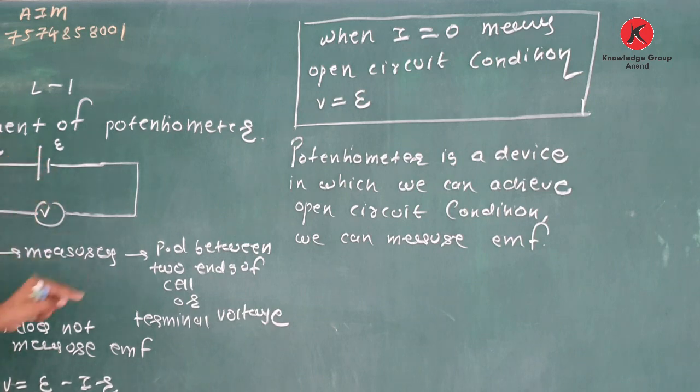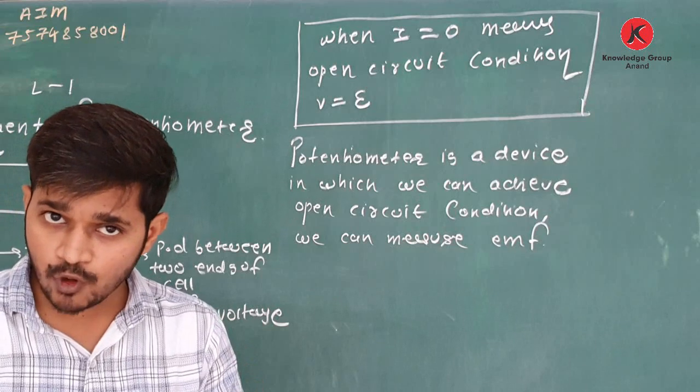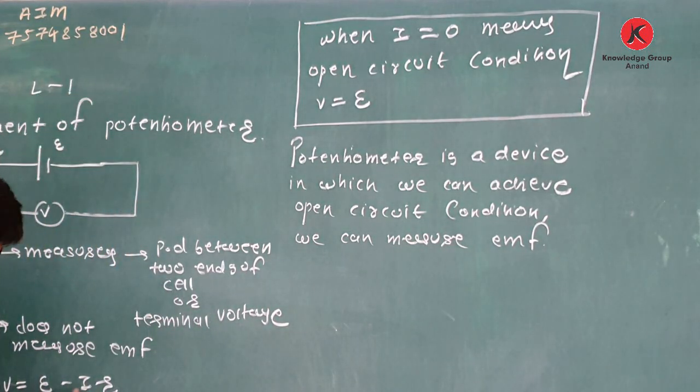Again, if you have a cell and you connect a voltmeter with it, the voltmeter measures terminal voltage, not EMF. Terminal voltage is equal to EMF when Ir is equal to 0, which means I is equal to 0 or r is equal to 0. Internal resistance 0 is not possible.